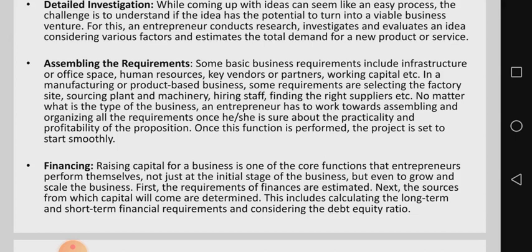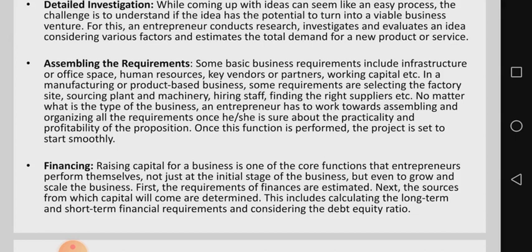Once you have done that and you are sure that your idea will go very well, then you will assemble the requirements. Requirements means any requirements that you need for your business, whether it is a manufacturing-based business or product-based business or service-based business.